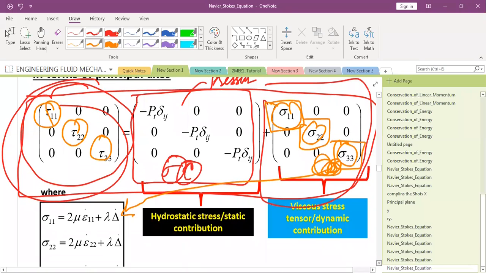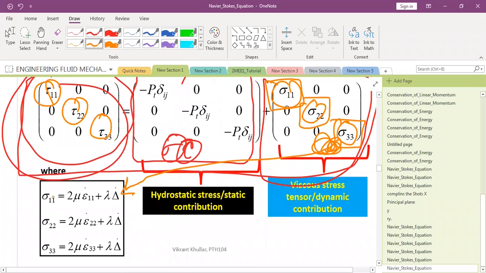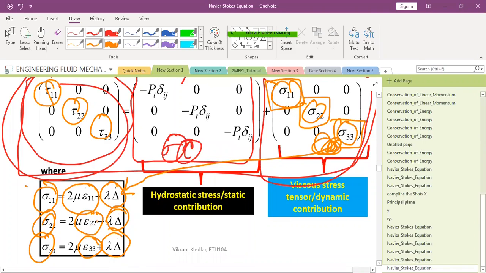Nothing more than that. So we have been able to convert stress into more measurable quantities, that is strain rates. That was our agenda, to convert stresses to more measurable quantities, that is derivatives of velocity vectors.